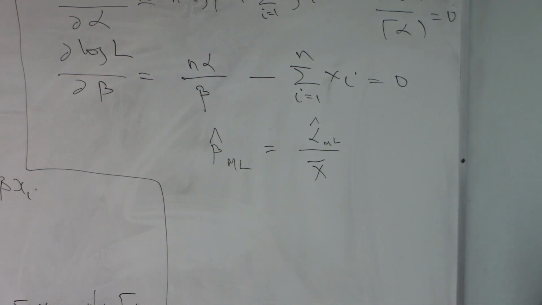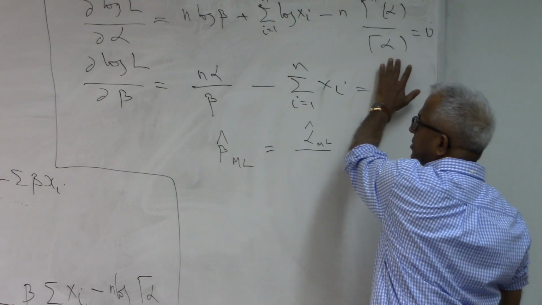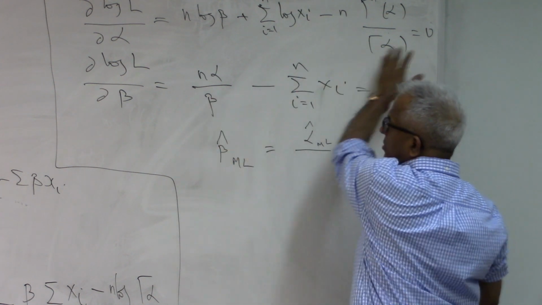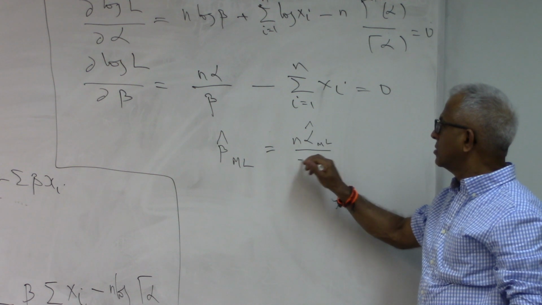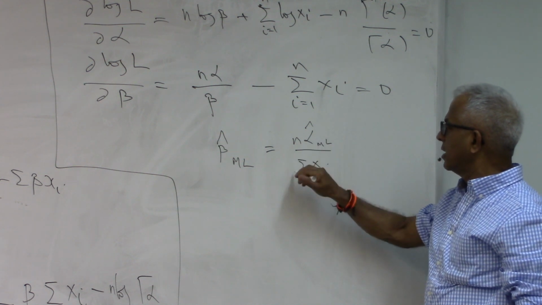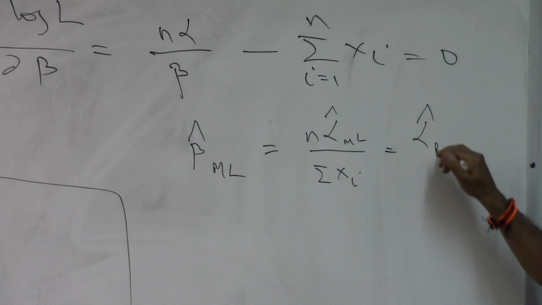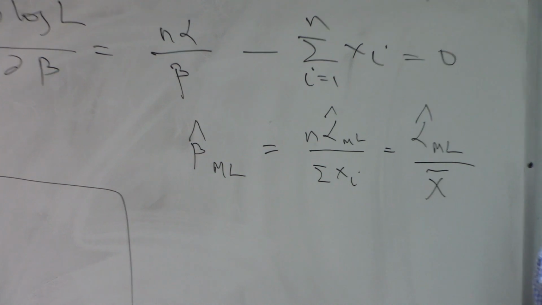Did I do it right? This equation goes here. I bring this down and this goes up. So beta hat ML is n over sigma xi. N I take down as 1 over n. Then this becomes alpha hat ML over x bar. This is correct, right?